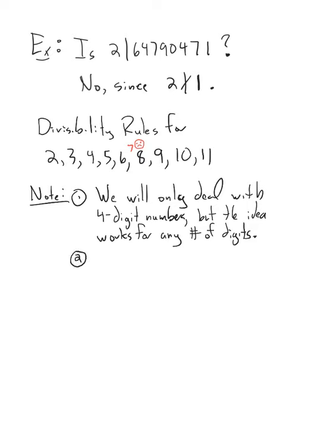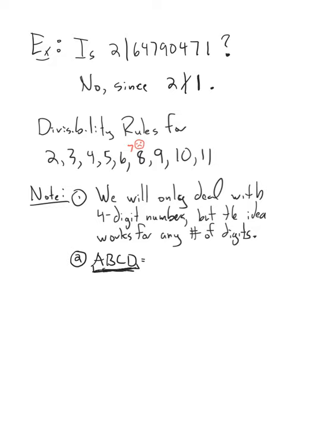The second thing is that if I write something like this, A, B, C, D, and I put a bracket under it, that's not A times B times C times D. I'm going to define this notation of putting a bracket under something like that, meaning this is a 4-digit number here.